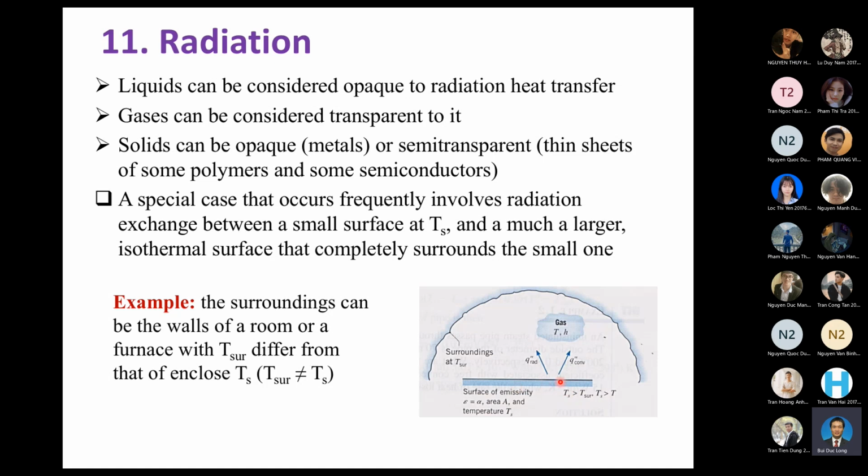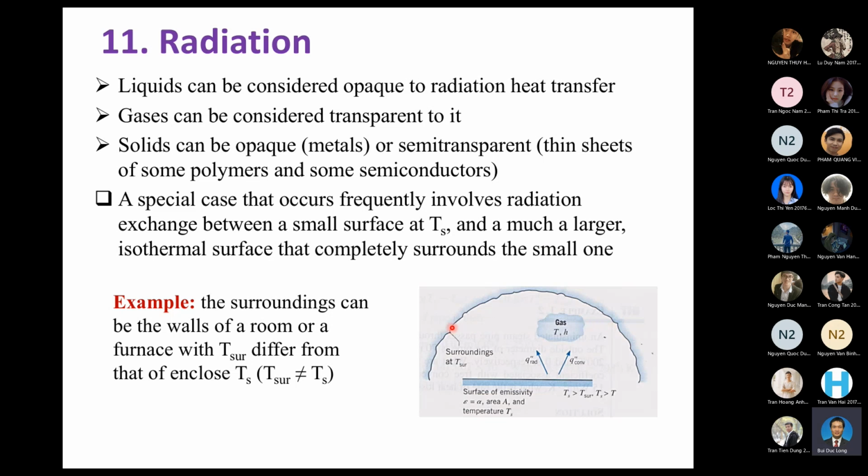For example, our body exchanges heat with the walls of the room: because the sun hits the room, the wall will be hotter than our body, so heat is exchanged between our body and the wall of the room.